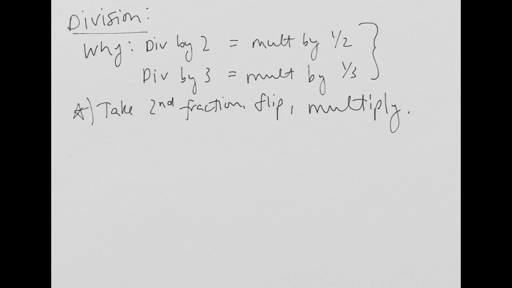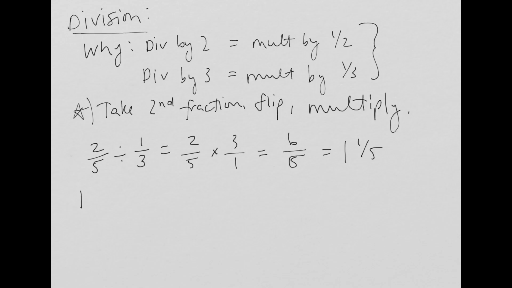Because, as we just said, multiplication and division are the same. Division by something is the same as multiplication by its reciprocal. So let's use some examples. How about 2/5 divided by 1/3? Division by 1/3 is the same as multiplying by 3/1, or just 3. Go straight across, 6/5. And if we want to convert this to be 1 1/5, that's fine too.